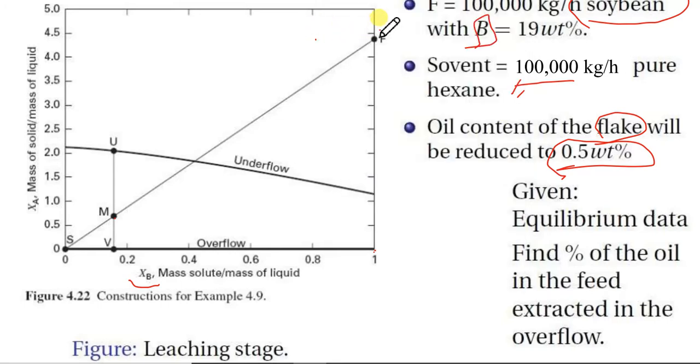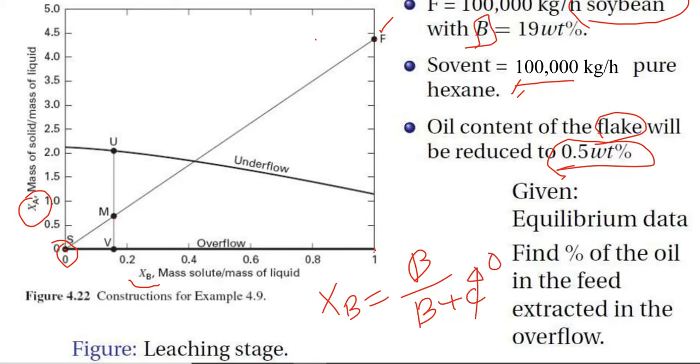And then we need to find the feed and solvent points. This is the feed point, this is the solvent. As solvent we don't have A, XA is 0, only pure C, no B, so it starts at 0, 0. Now the feed condition: XB is B over B plus C, since B is the solute. But in the feed we don't have C, isn't it?